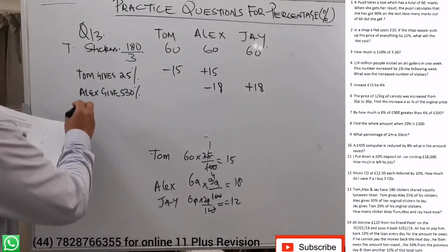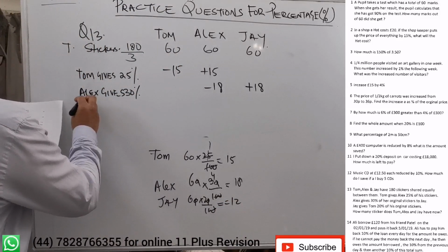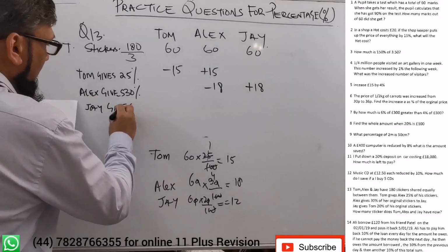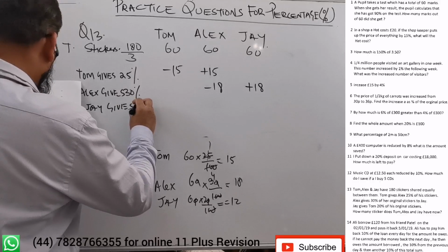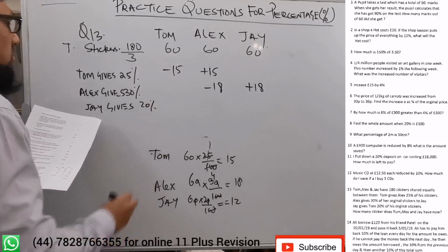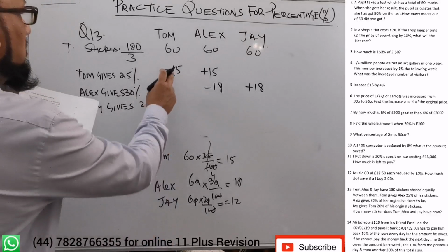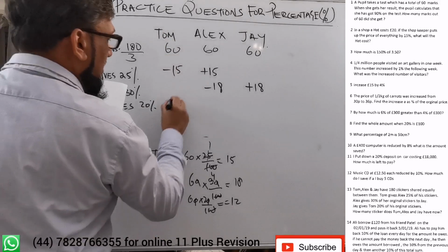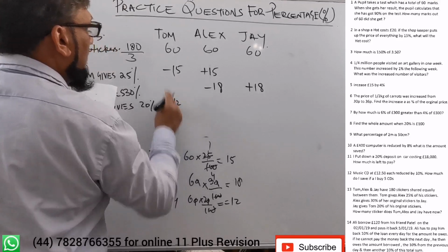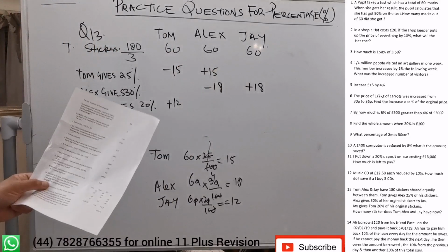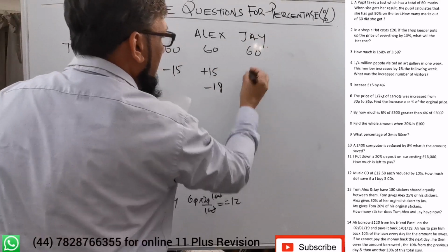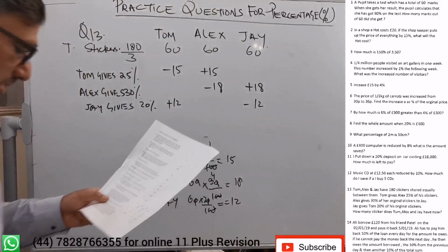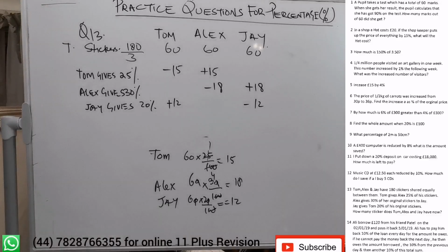So J gives 20% to Tom. So it means Tom is getting 12 stickers from J, and J's stickers are going to be reduced by 12.